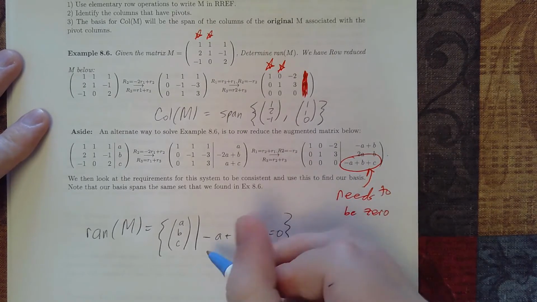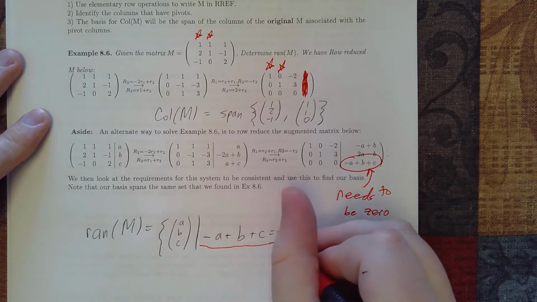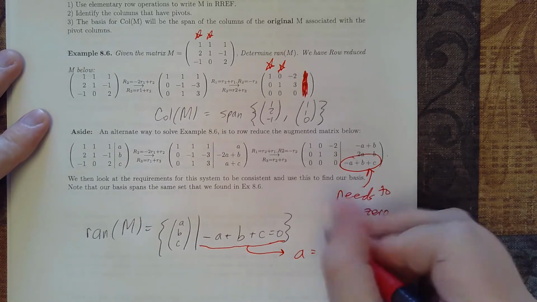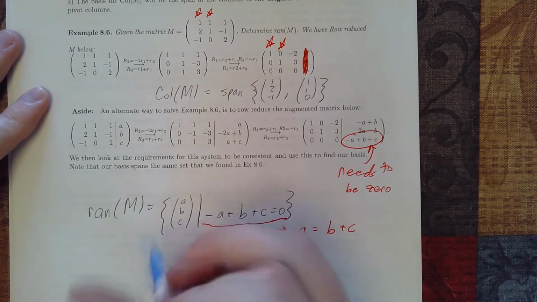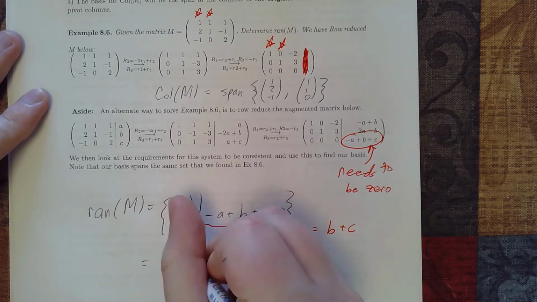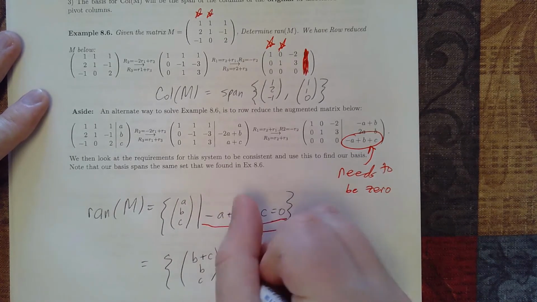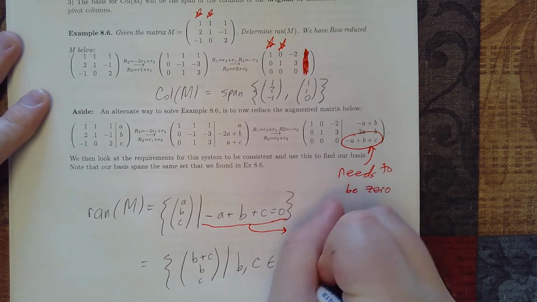And so we could rewrite this to instead say A = B + C. And so what we'll get then is the set of all (B + C, B, C) such that B and C are real numbers.